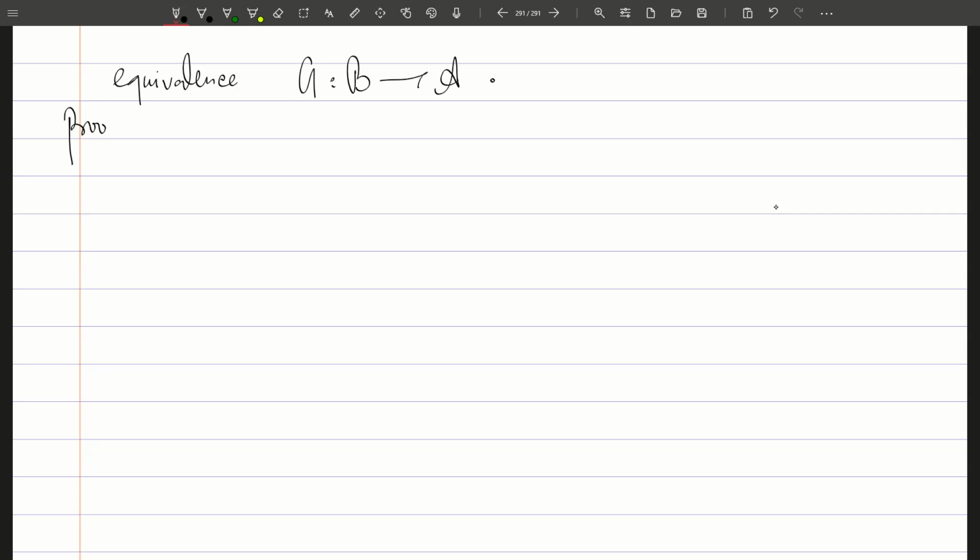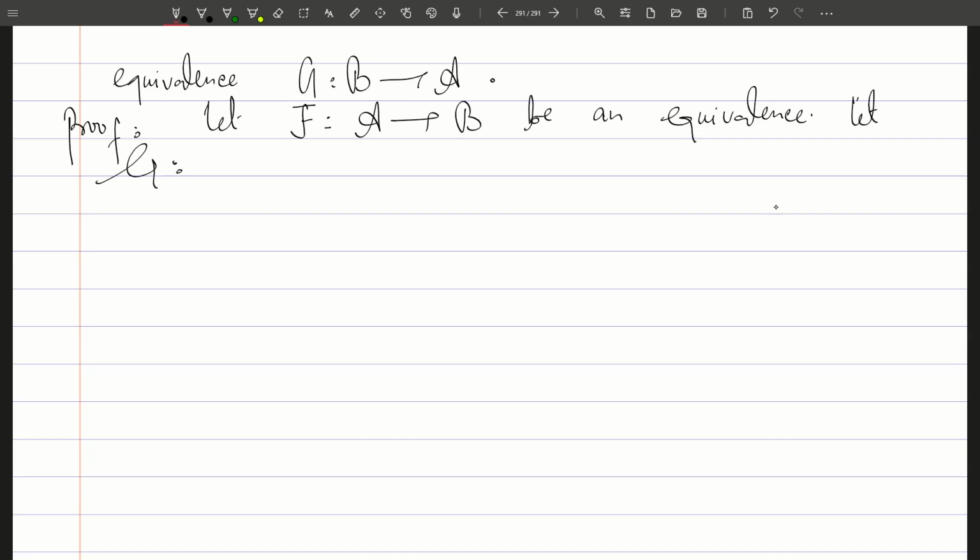So let us prove this. Let F be an equivalence from category A to category B. First of all, let us suppose that G from B to A is a map that carries objects to objects and morphisms to morphisms.